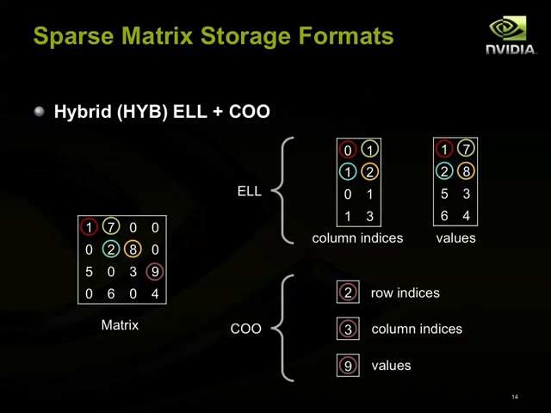So in practice, if we store a matrix in this hybrid format, we can usually store perhaps 90 or 95% of the matrix in ELLPACK, a very small percentage in coordinate, and get the best of both worlds.